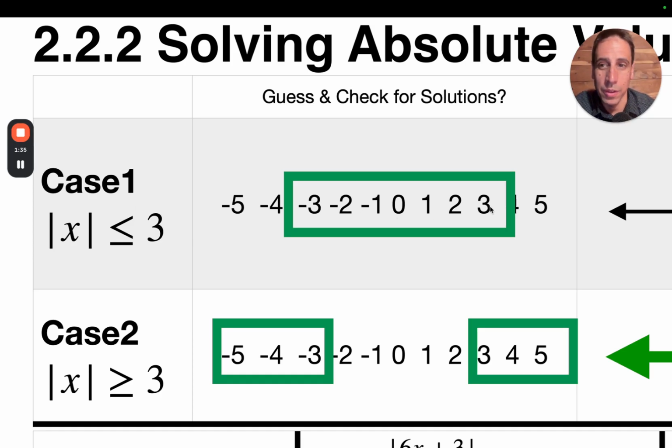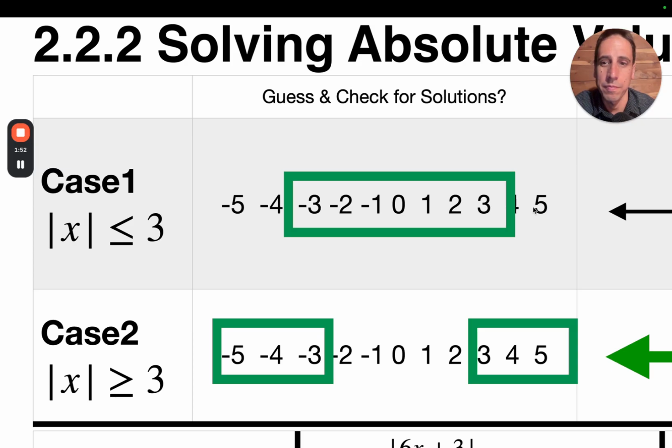The absolute value of 3 is 3, and 3 is less than or equal to 3. That's a lot to say. So I've green boxed in all the solutions here, and anything outside of it does not work. -5 doesn't work in here. The absolute value of -5 turns into +5, and 5 is not less than or equal to 3.